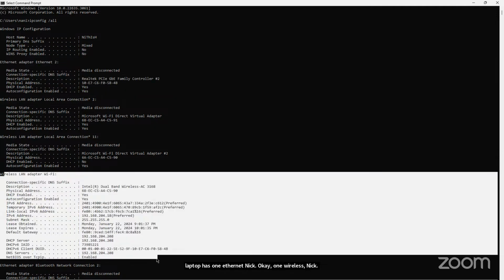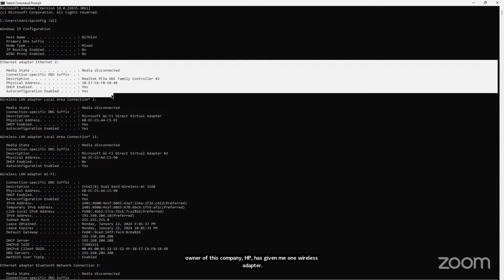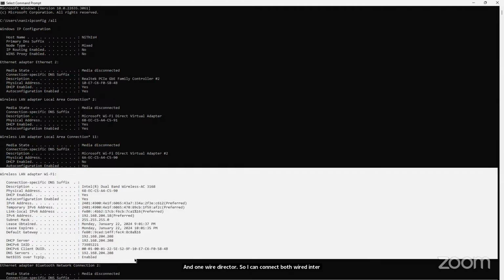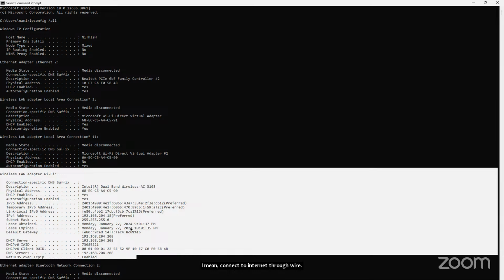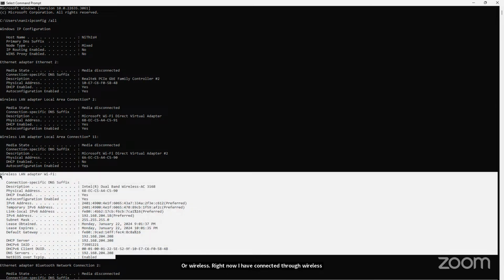Every laptop in today's world supports both wireless and wired connections. HP has given me one wireless adapter and one wired adapter, so I can connect to the internet through a wired way or a wireless way. Right now I have connected through wireless, so there are more details which you can see here.